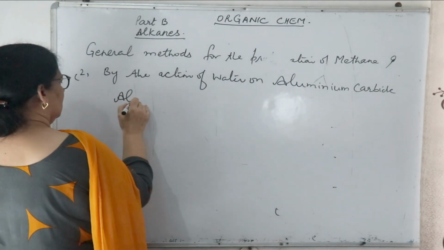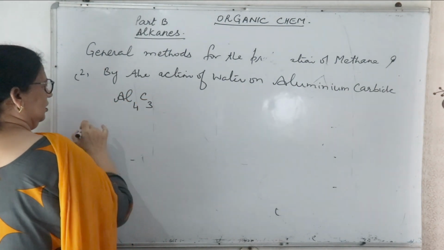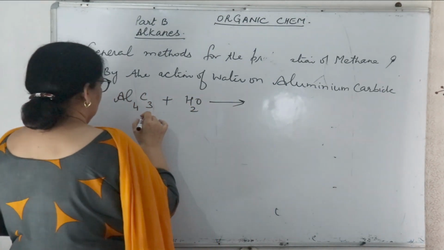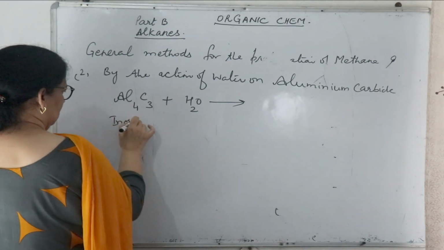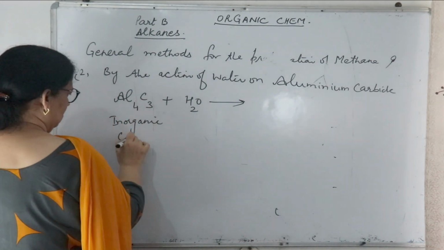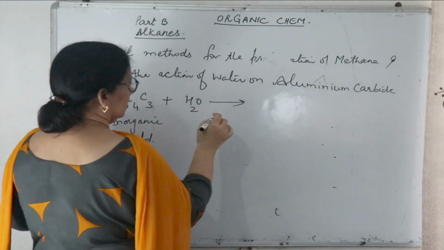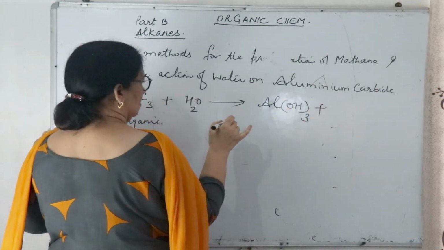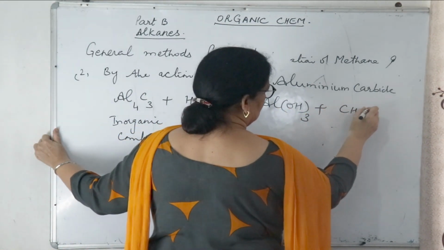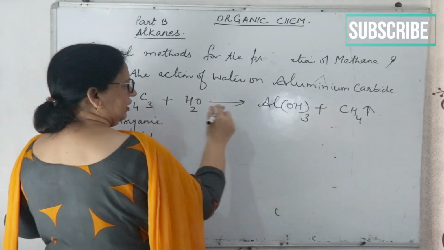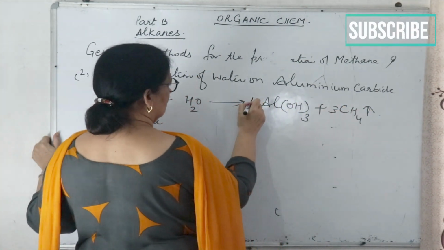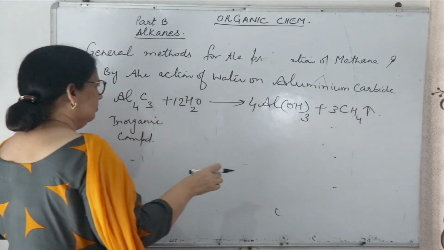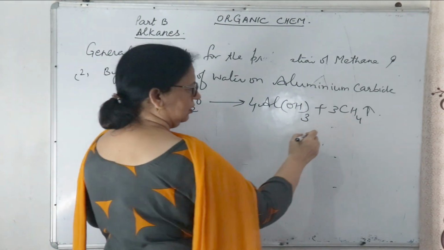Aluminium carbide, that is Al4C3, this is an inorganic compound. Plus water, this will form aluminium hydroxide plus methane. Balancing is required. So this is methane formed using an inorganic compound.